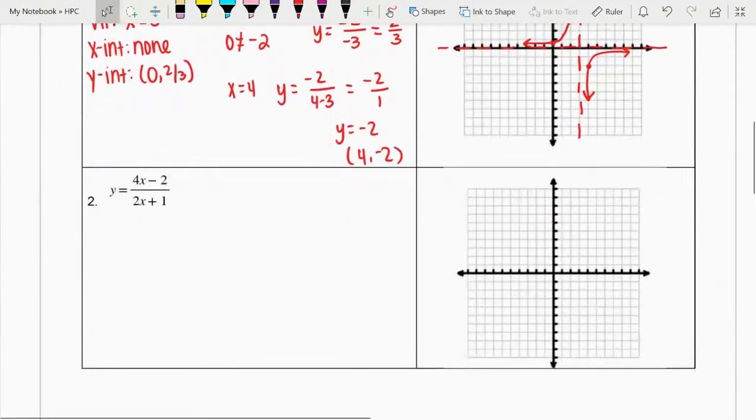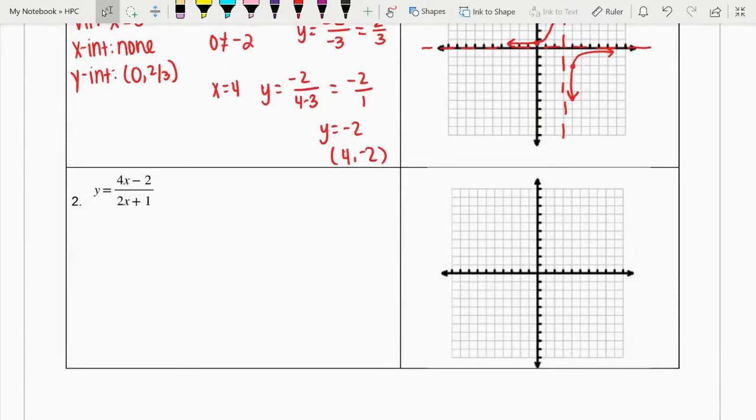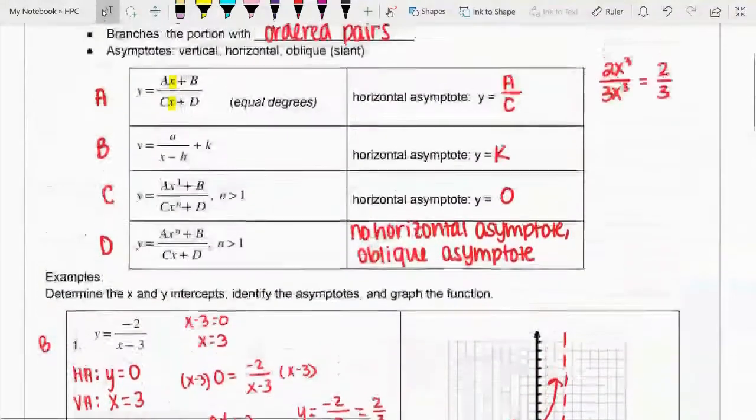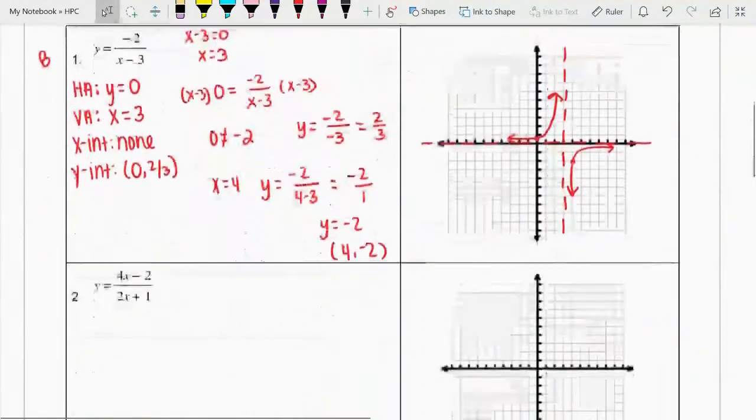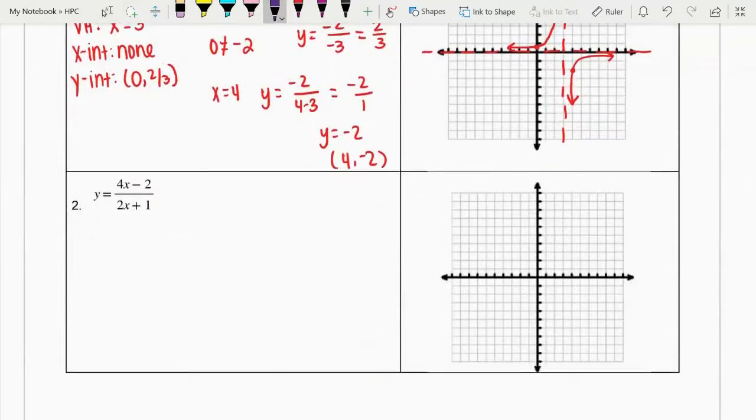Okay, looking at example 2, we have y equals (4x minus 2) divided by (2x plus 1). So again, if we look at the top chart, that looks like our example A. I'm going to look at the coefficients in front of the variables. Since 4x and 2x both are linear, they both are to the power of 1.